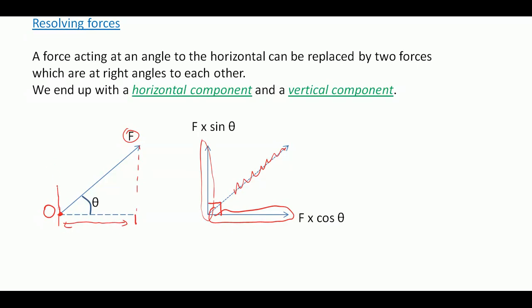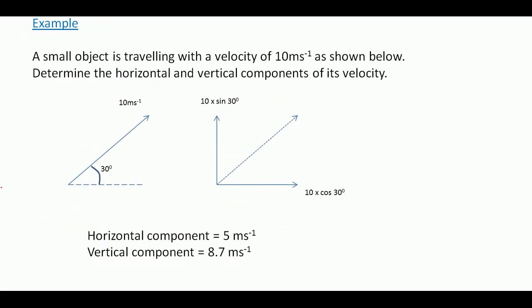To get the vertical component, we draw a horizontal line here, and this will represent the vertical component from here to here. So in an exam, they might give you a diagram, and you have to measure the horizontal and vertical components using a ruler. But you can also use calculation as well.